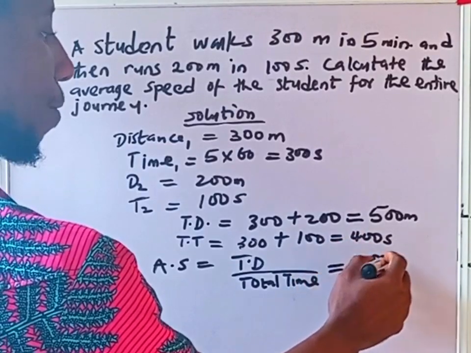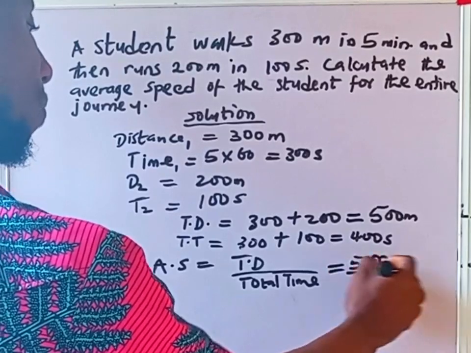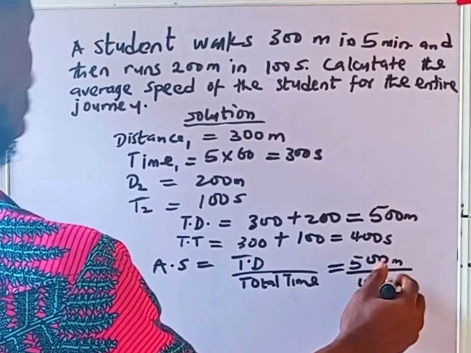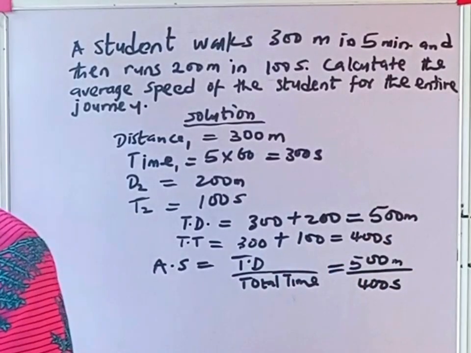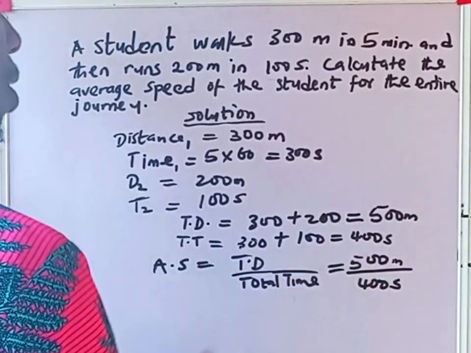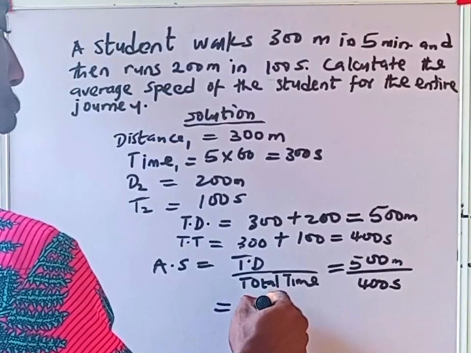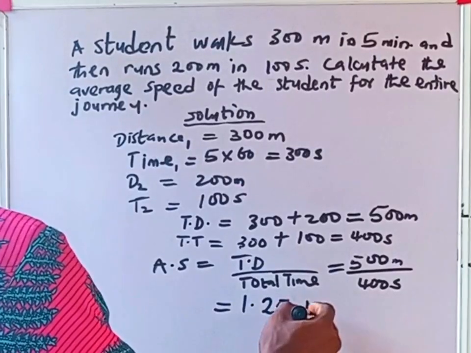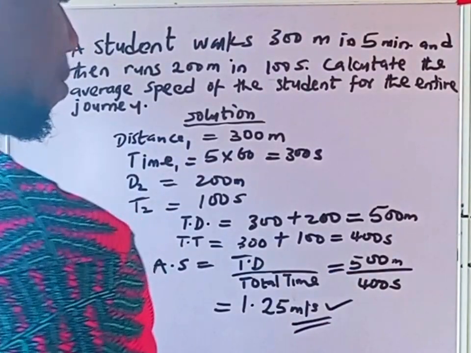Total distance is 500 meter, right? Divide by the total time is what? 400 seconds. So 500 divided by 400, we are going to have a 1.25 meter per second. All right, guys, this is how to calculate for average speed.